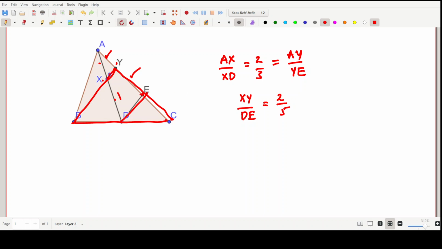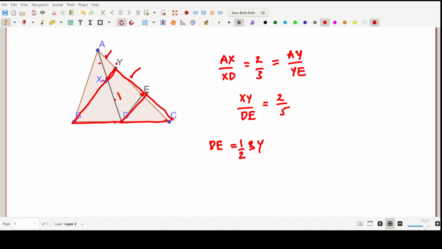Now, in this triangle BYC, DE should be half of BY, right? DE equals half of BY in this triangle, because D is the midpoint, E is the midpoint, and DE is parallel to BY, right?